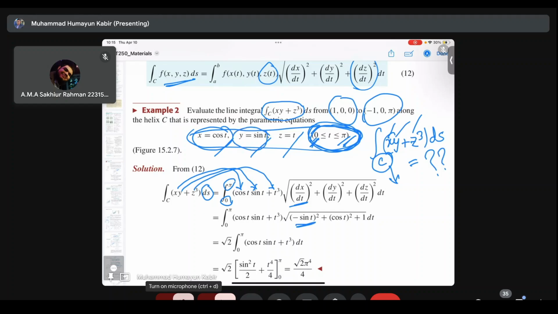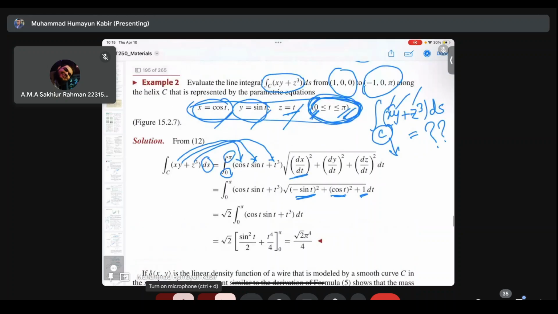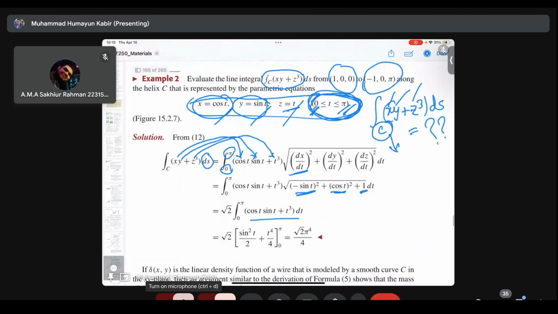What is dy/dt? dy/dt is cos t. What is dz/dt? dz/dt is 1. And finally, you will have this one. Then you can easily integrate it and you will find its value. This is the process to find the value of a line integral.